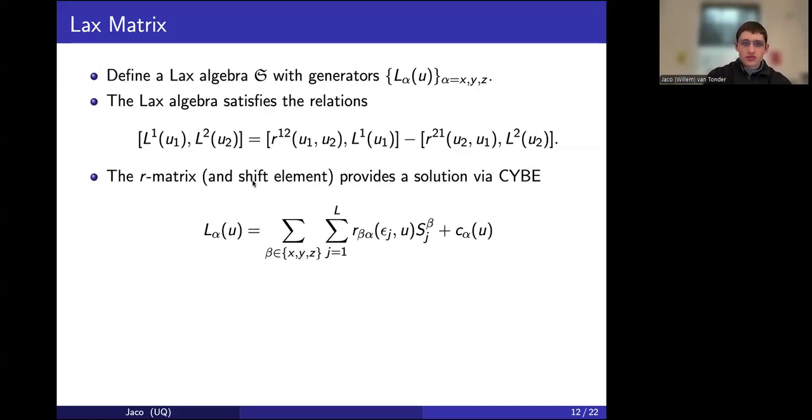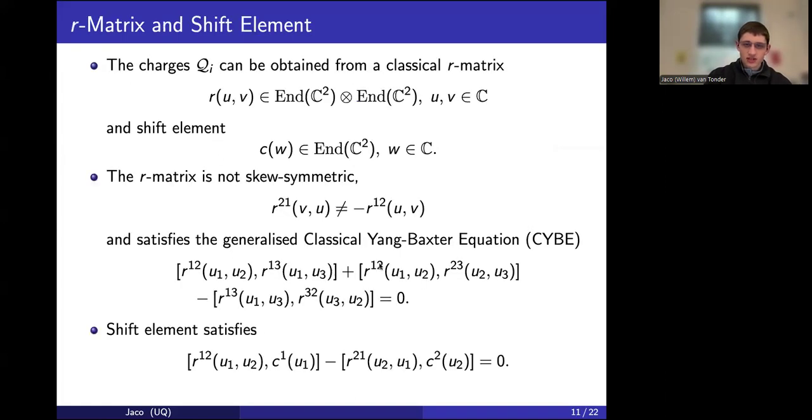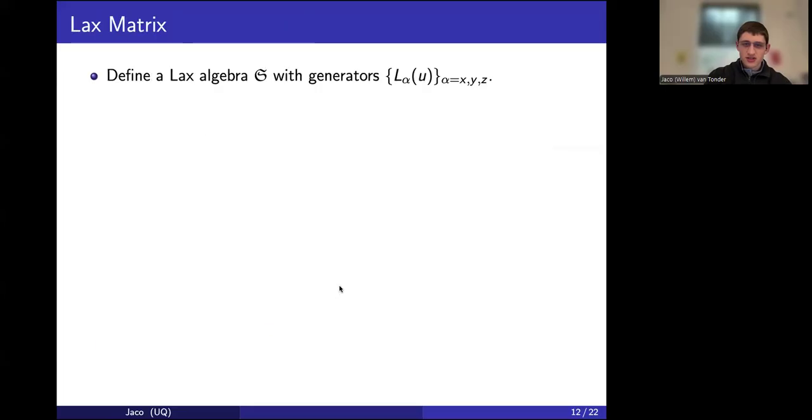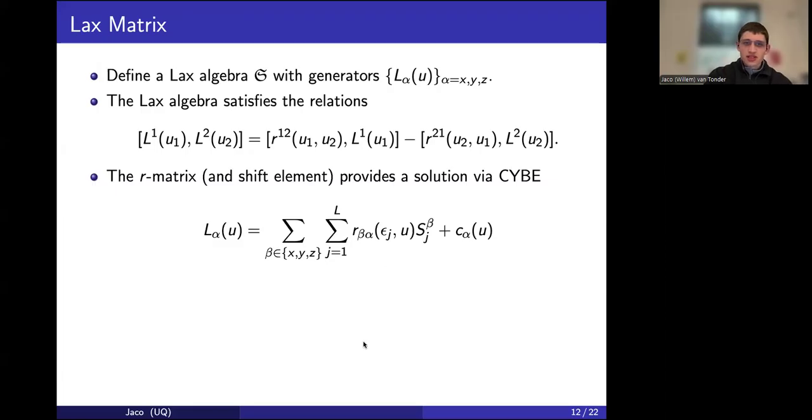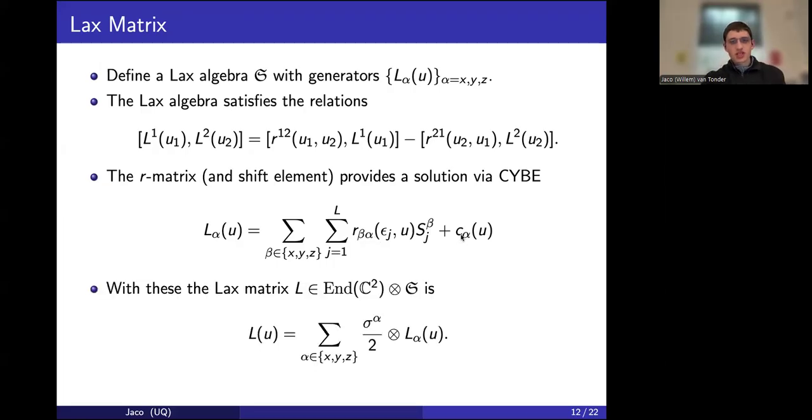And so noting the form of this equation and the form of the generalized classical Yang-Baxter equation and the shift element equation, we immediately get that we can get a solution to this equation, so a representation of the algebra from the classical r matrix and the shift element. And then from these, we can construct our Lax matrix simply by taking the tensor product with the Pauli matrices.